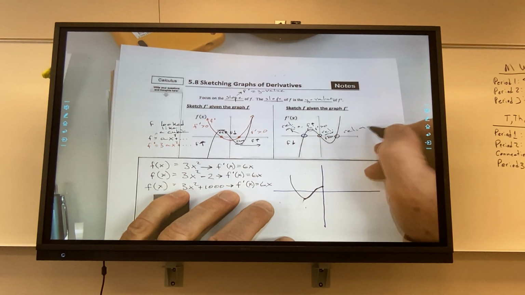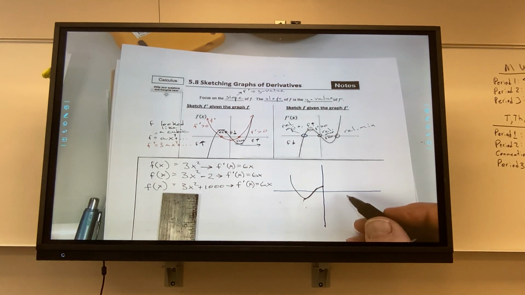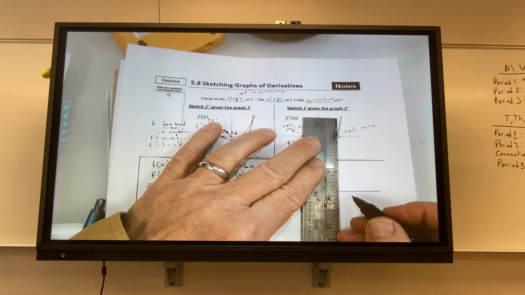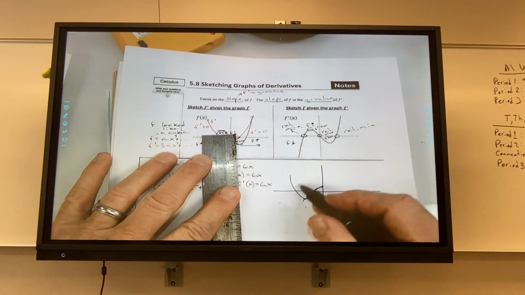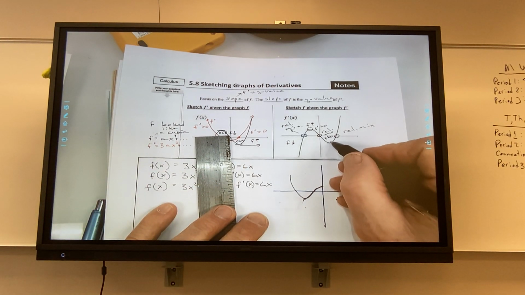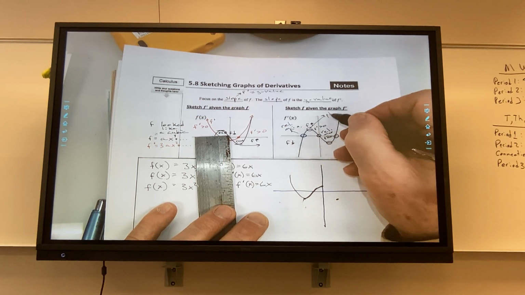Relative min. So I can put that relative min, again, I'm gonna kinda line it up. And I can put it anywhere you want, I'm gonna make it kinda symmetric. I'm gonna write that this was a point of inflection.